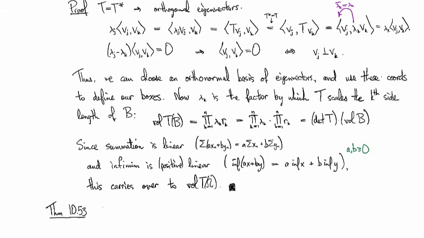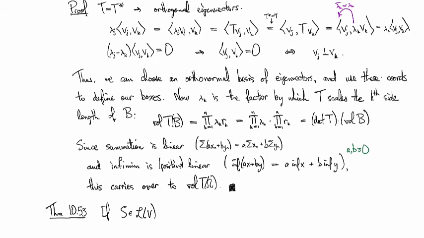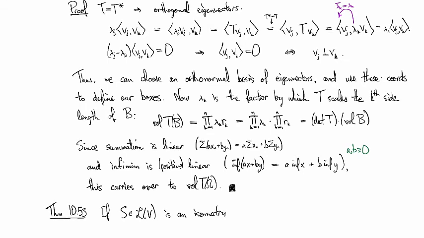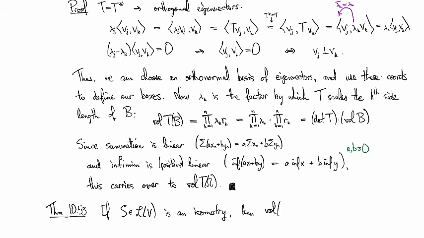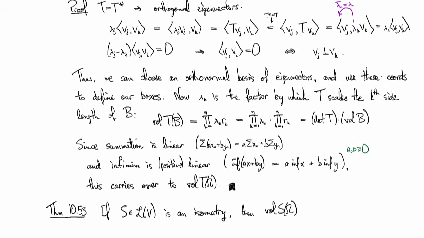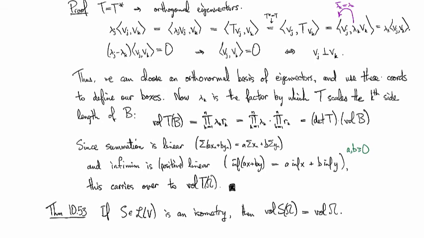So if S is an isometry, then the volume of the image of omega under S is equal to the volume of omega.